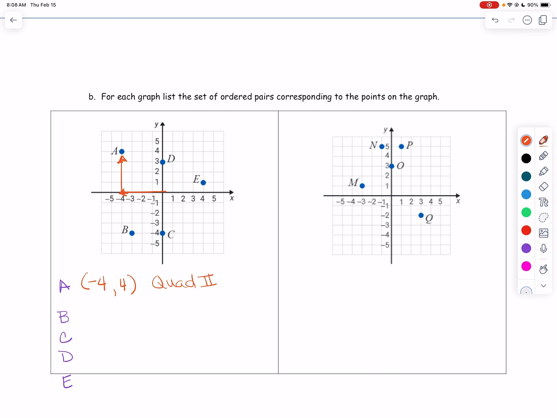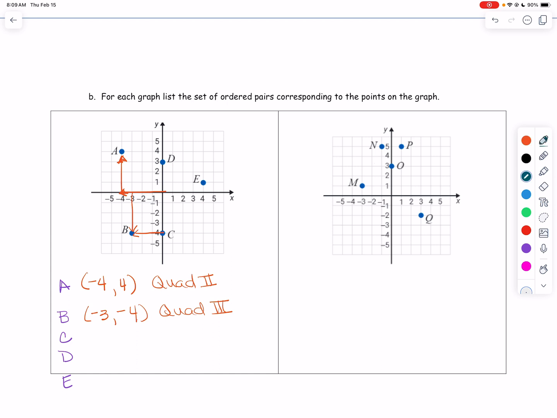Okay. All right. B is at -3 on the x-axis and -4 on the y-axis. So again, if you plot here and here, that is the location. And that is in quadrant 3.